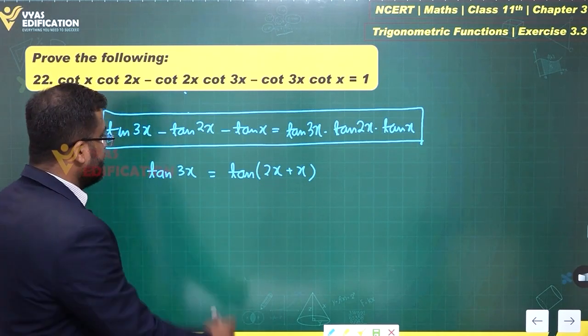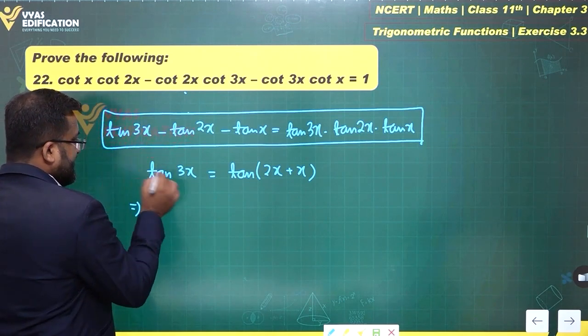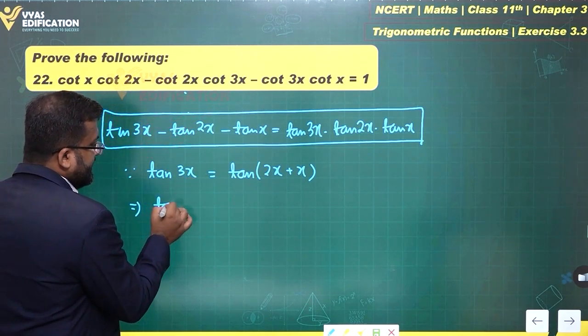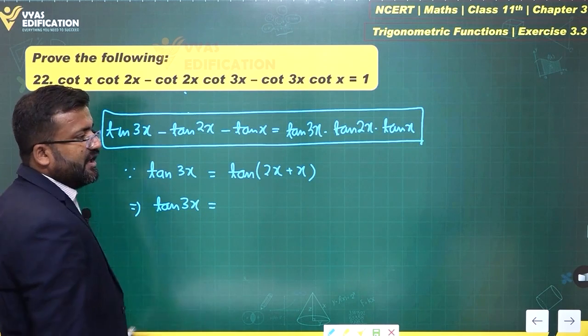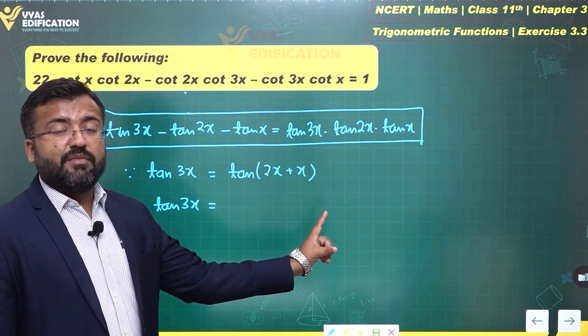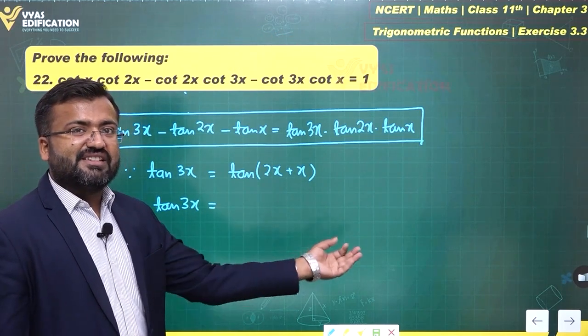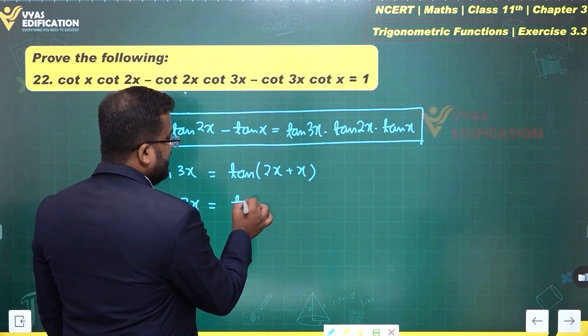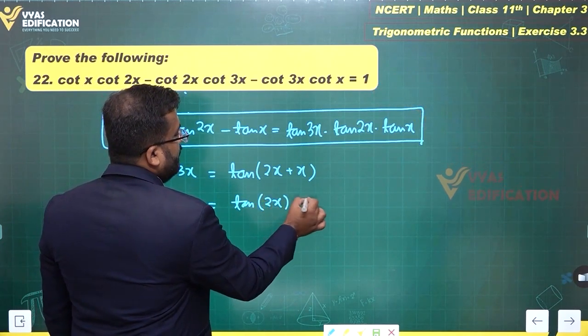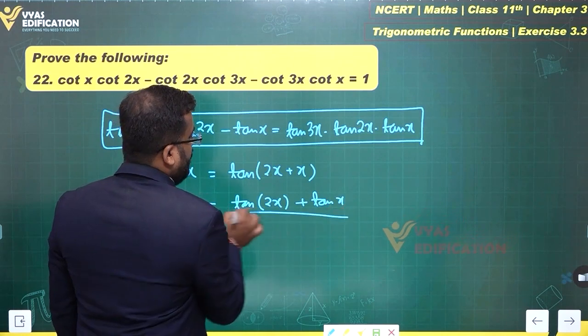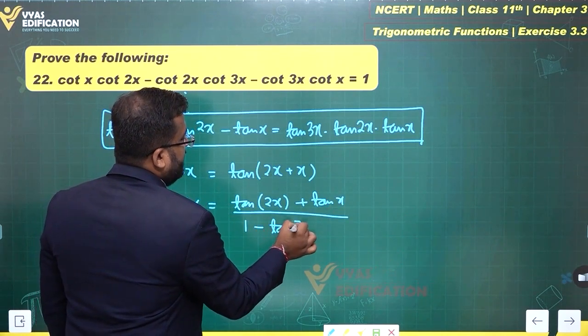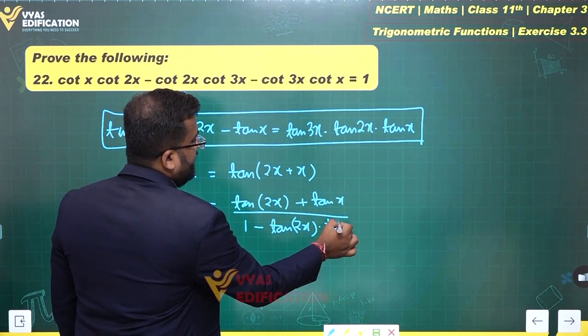Yes, that is very much possible. So, since tan 3x equals this, tan 3x will be further equal to tan of a plus b. The formula says tan a plus tan b over 1 minus tan a tan b.